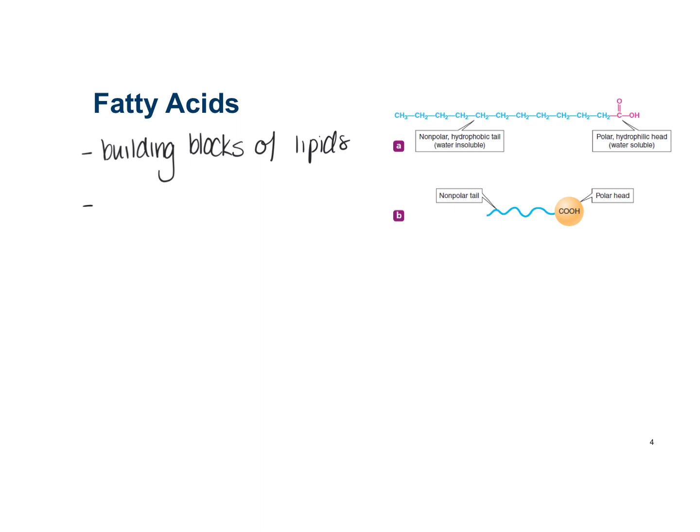Fatty acids are just long chain carboxylic acids. And so we see here an example of that where we have a long hydrocarbon chain and then we have a carboxylic acid here. This is a nonpolar region, and so it's called a nonpolar hydrophobic tail, and that means that it's water insoluble. This is the polar region, and that's hydrophilic, and it's water soluble.